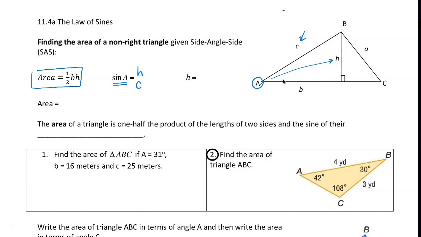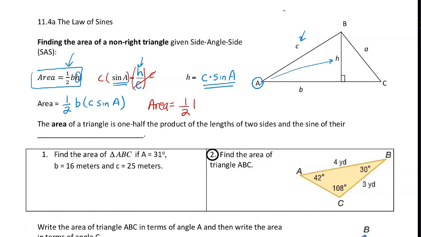If we solve this equation for h, we multiply both sides by c to get rid of that c, and that would be h equals c times sine of A. So in our area formula of a triangle, we can substitute for h what it equals, c times sine A. So our area formula would be 1/2 times b times c sine angle A. So our area of a triangle is 1/2 the side length b times the side length c times the sine of angle A. So there's our formula.